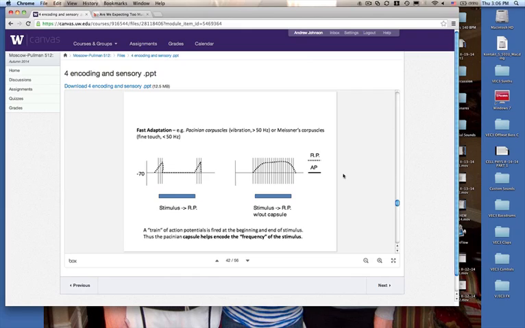It would just fire tonically. If we say it's firing tonically, we mean just constantly, just like that plateau. So the actual structure of that receptor is what makes it fire initially and then at the offset of the stimulus. So, slow and fast adaptation, a couple examples of each.